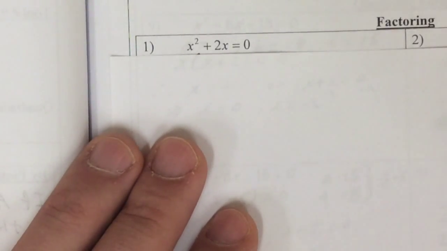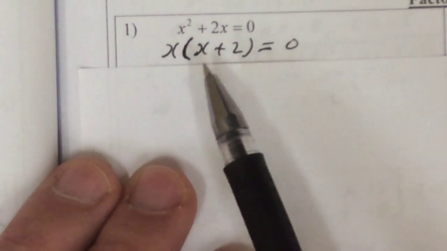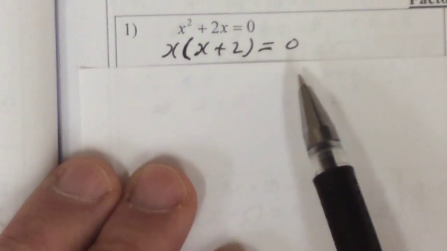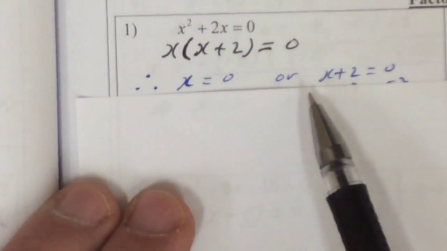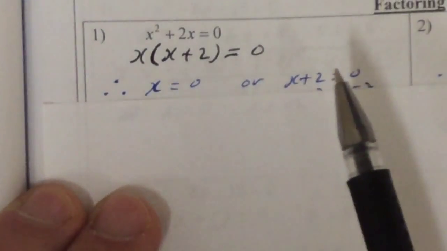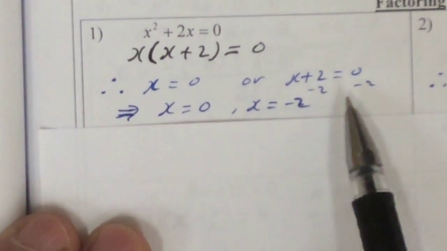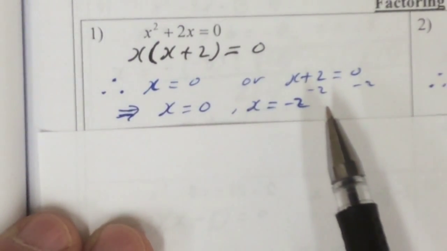Factoring out the common factor of x makes it x times x plus 2. And now we have x equals 0 or x plus 2 equals 0. Subtract 2 from both sides of that one, then you get x equals 0 or x equals negative 2.